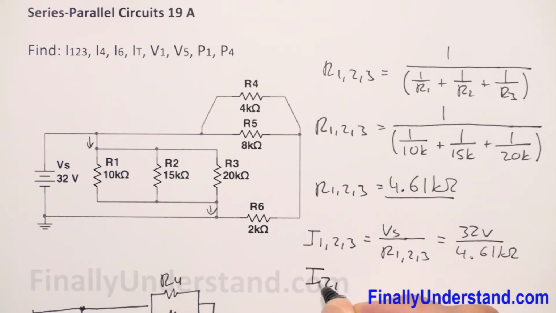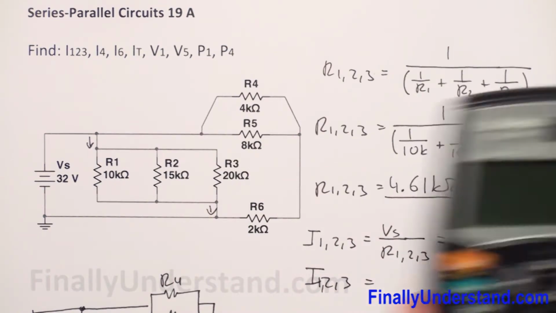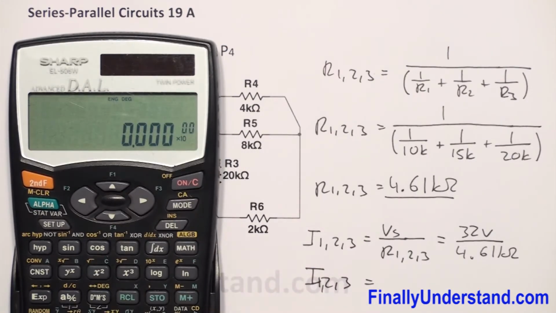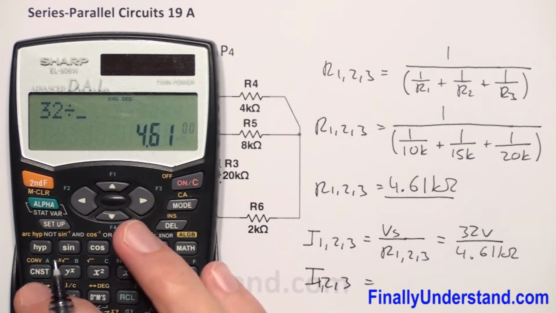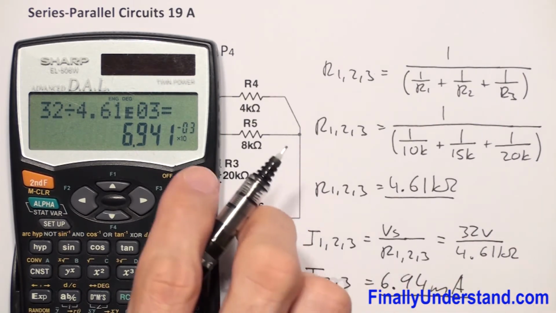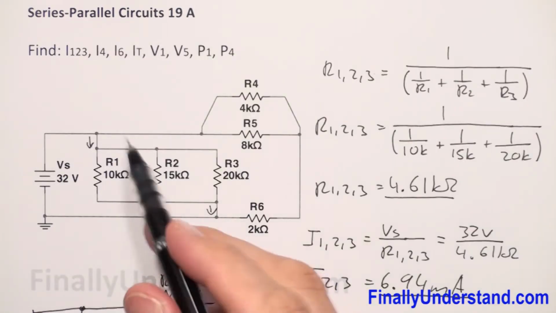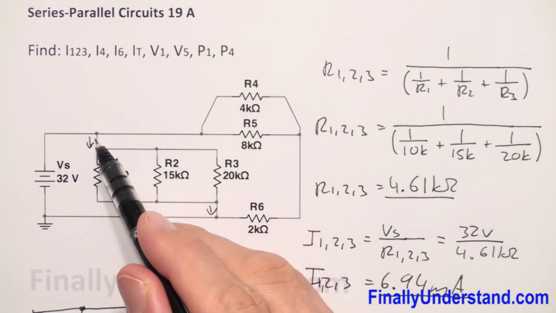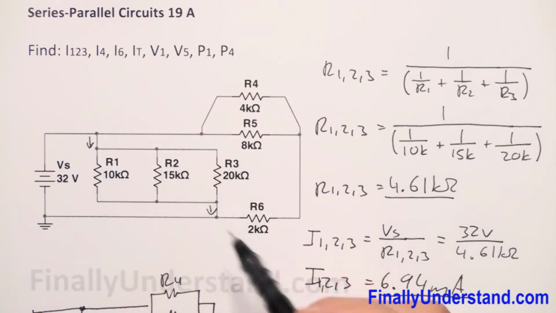So I1,2,3 is equal to 32 divided by 4.61 exponent 3, which equals 6.94 milliamps. Okay, so this is the current I1,2,3. This is the current which will flow through this connection and this one.